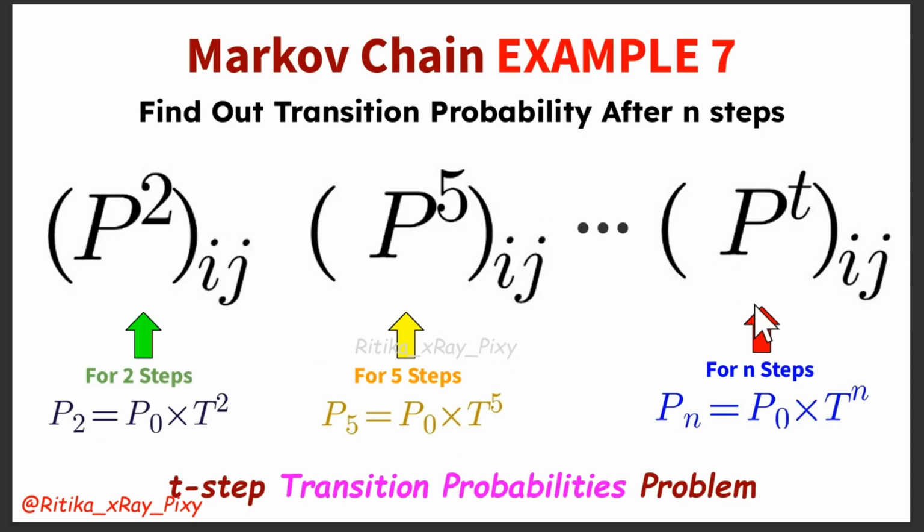Like that, we can perform multiple steps, to find states after two steps or five steps or more. So for n steps we can use pn equal to p naught times T raised to the power n. Here T is the transition matrix, p0 is our initial state vector, and pn is the probability of state after n steps.